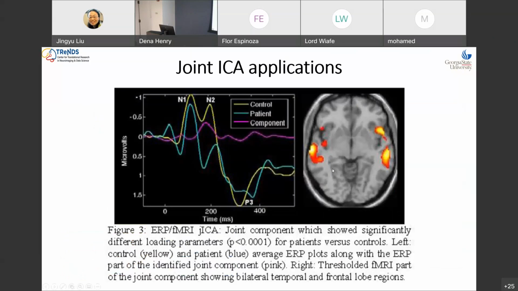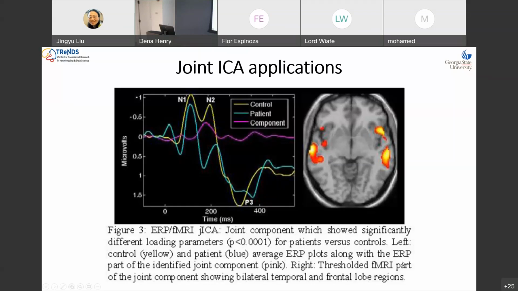This example uses an auditory oddball task. The assumption is that when the subjects do the same task, even though not at the same time, their activation patterns should be highly related. Based on that assumption, we applied the joint ICA approach.